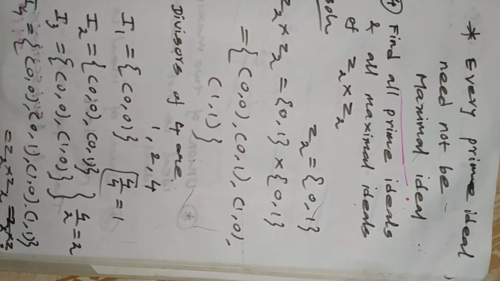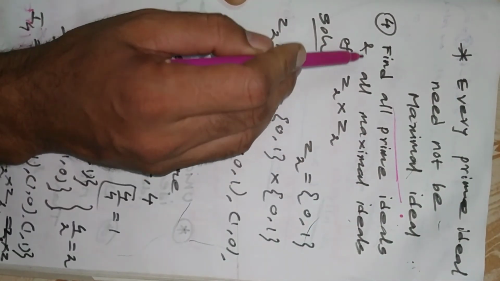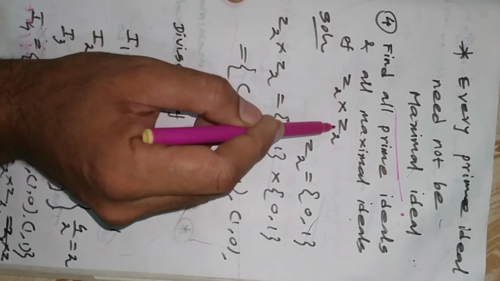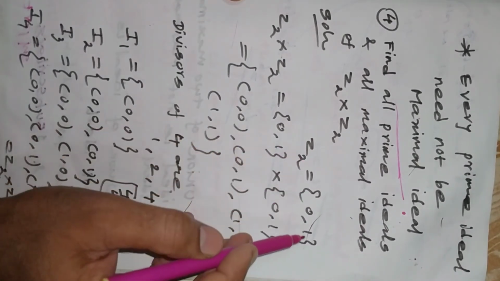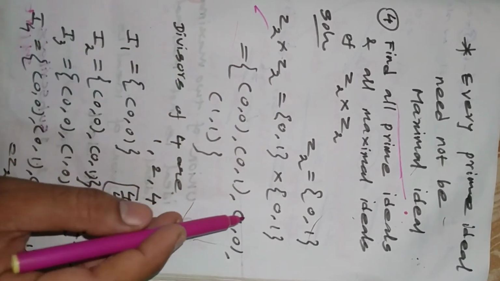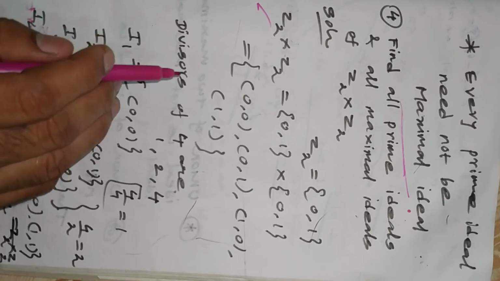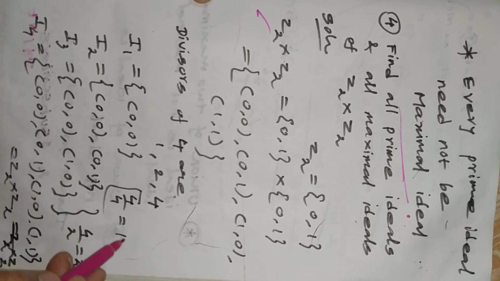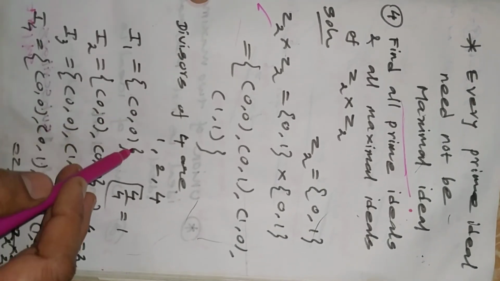So next, fourth one. Find all prime ideals and all maximal ideals of Z2 cross Z2. We know Z2 has elements 0, 1. So these are all well known. So how many elements? 4 elements. What are the divisors of 4? 1, 2, 4. So for 4 by 4, 1 element, that is trivial, this one (0, 0).